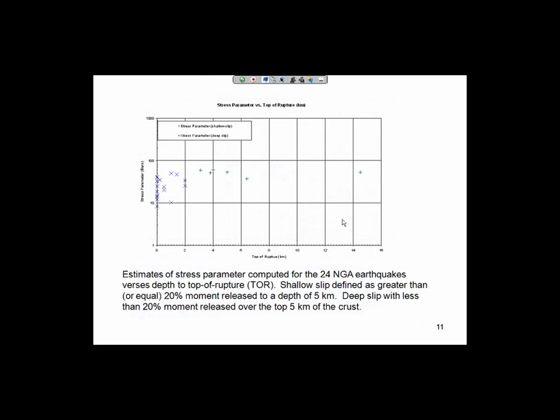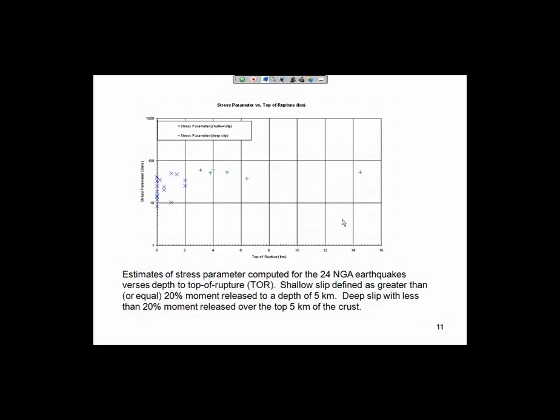This is stress parameter versus top of rupture, and this shows one of the clearer trends. As top of rupture increases, it goes from 0 to 16 kilometers, and the X around 3 kilometers is from Coyote Lake. The cross at 15 kilometers is from Whittier Narrows.